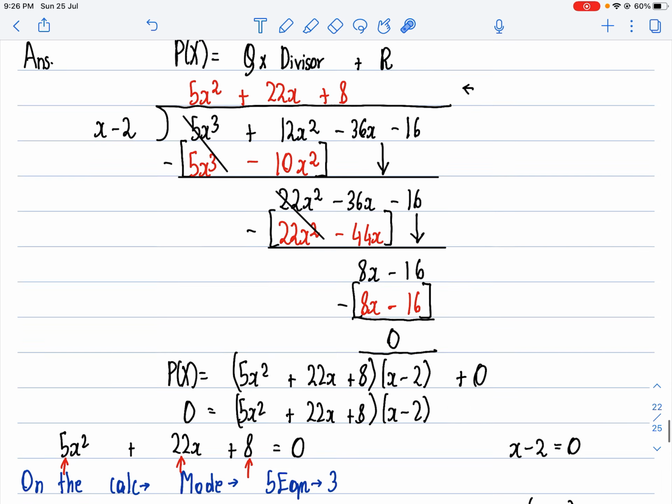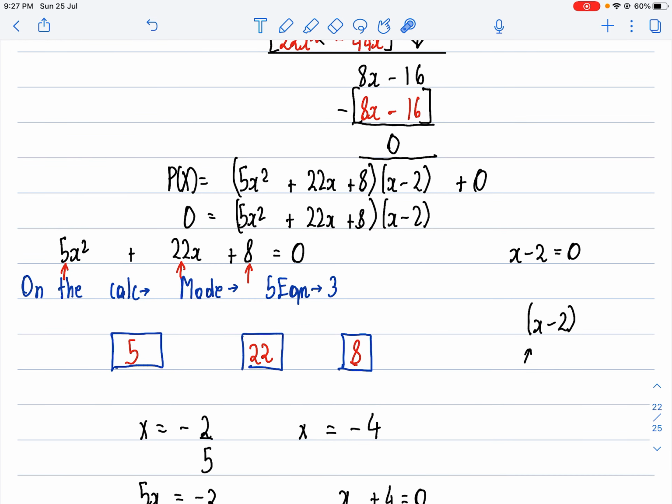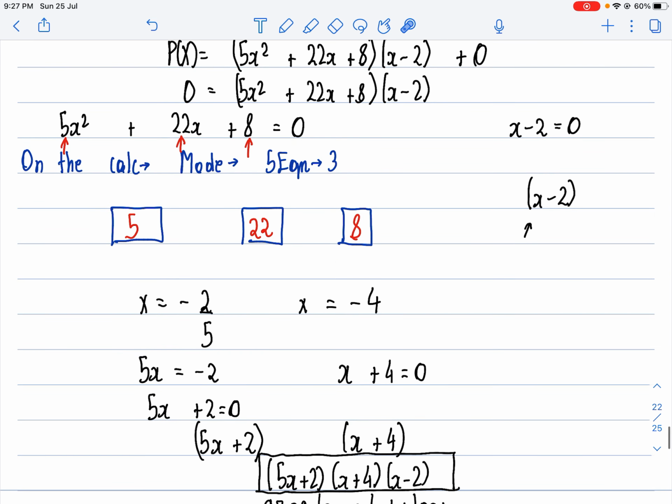But if you don't have your quotient, you can attempt full division, obtain your quotient, then write this into the p of x form. Normally your remainder is always 0, so you can equate this to 0. So you get your quadratic equals 0 and the divisor equals 0. As your remainder is 0, your divisor is already a factor. And for the quadratic, you can simply do mode 5 and 3.